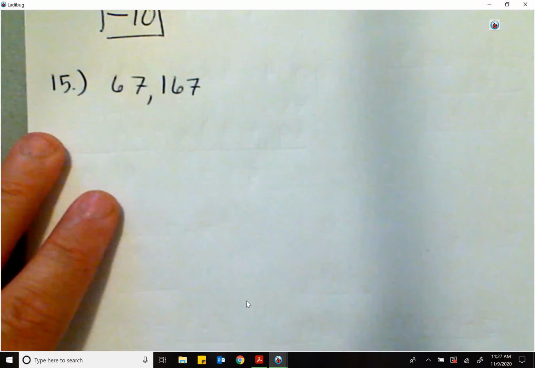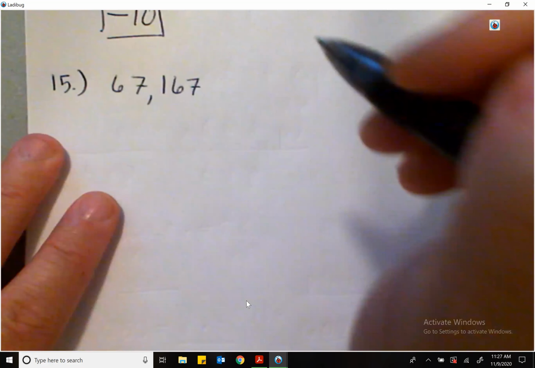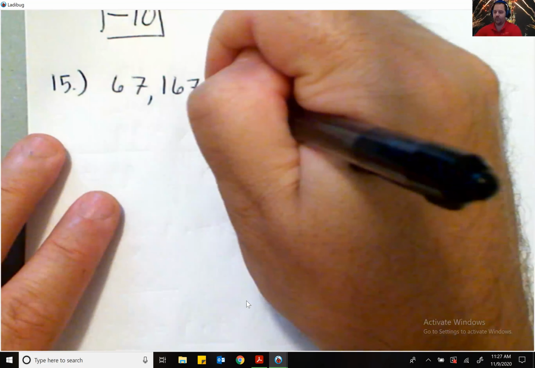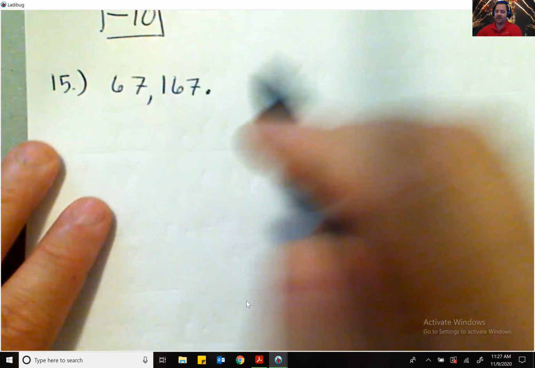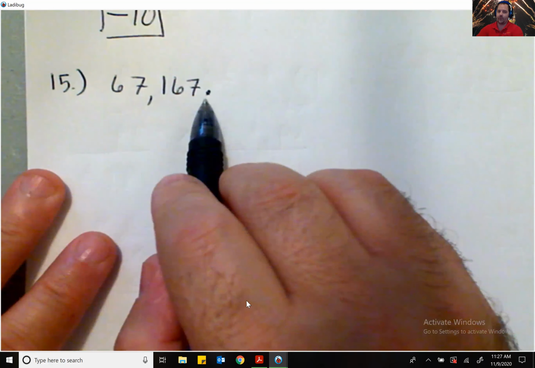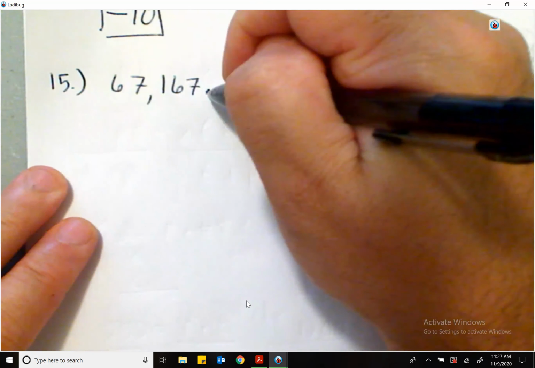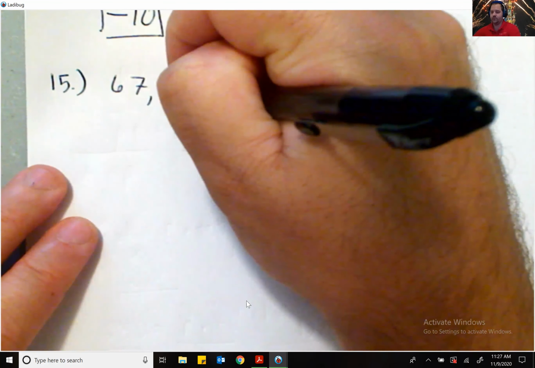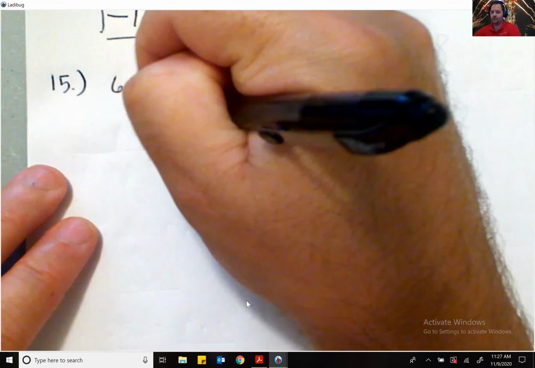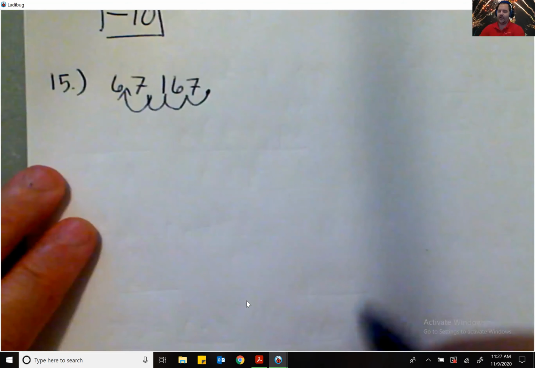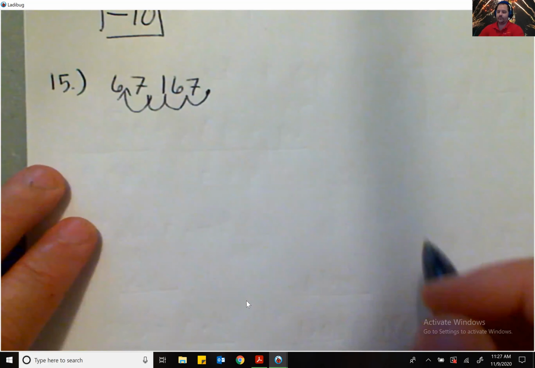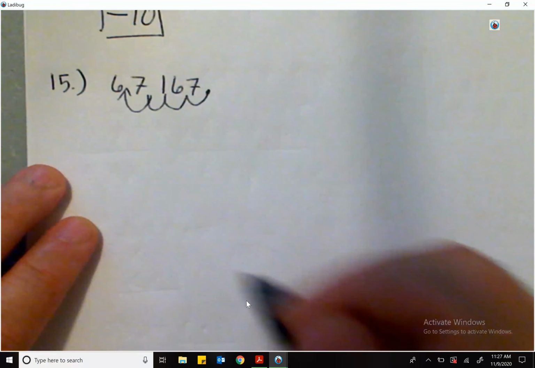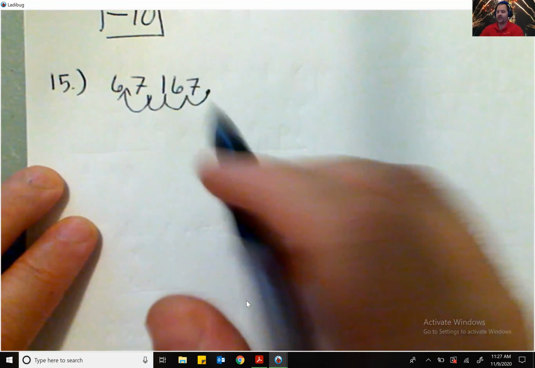The decimal point is right behind the rightmost 7. So what do I do with this decimal point? You're going to move it 4 times to the left: 1, 2, 3, 4. Because we need a number that's between 1 and 10.